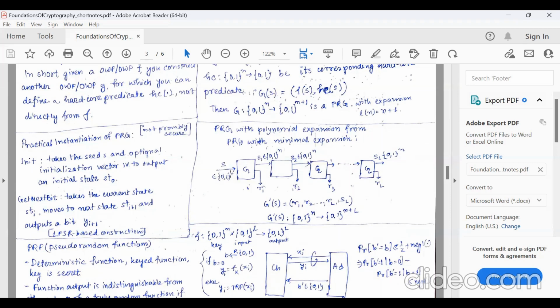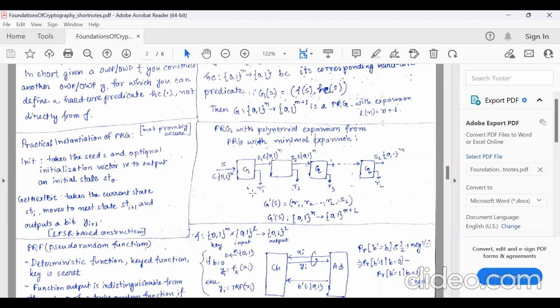Let's say the seed is an n bit length binary string. You first apply G to S and you get n plus 1 length bit output. Your first n bits are provided to the next PRG algorithm again sequentially. Let's denote it as S1, and the last bit we denote as R1.